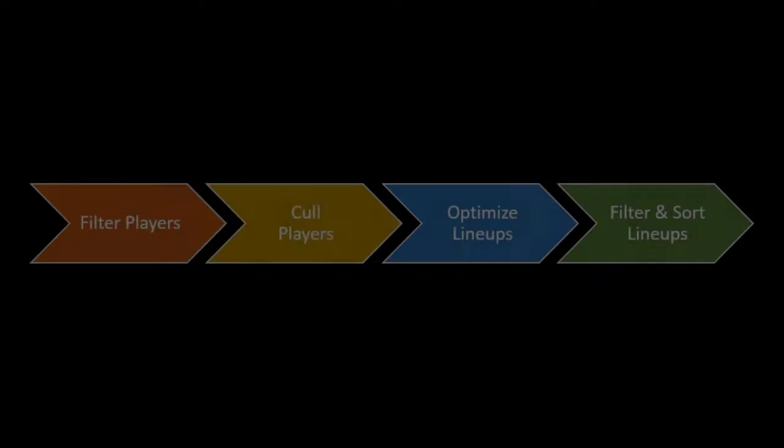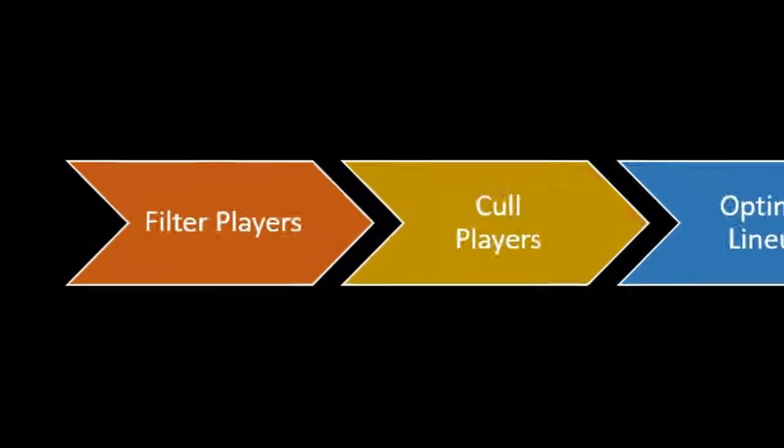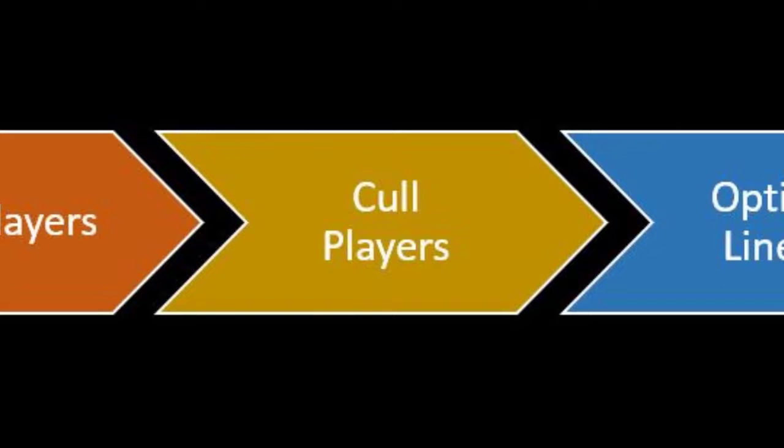The first thing we'll want to look at is the process that we go through to build lineups, and specifically the workflow of the StatShark application. As can be seen here, we start by filtering our players. From that subset, we would then like to call the player universe, which allows us to bucket players based upon salary.